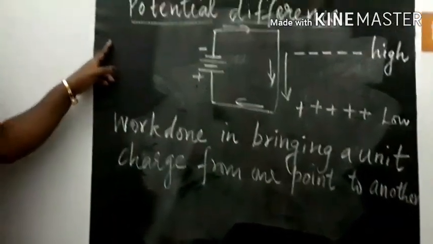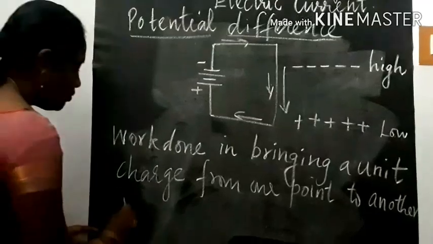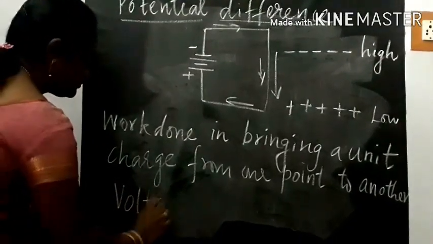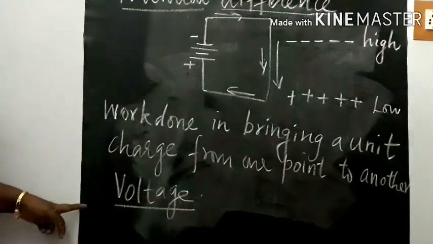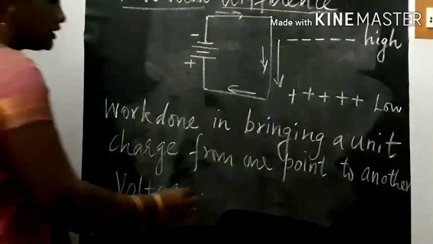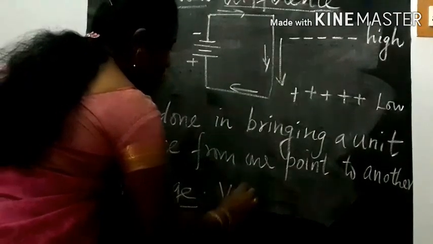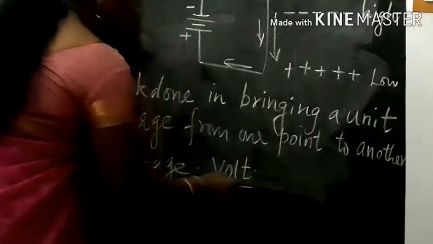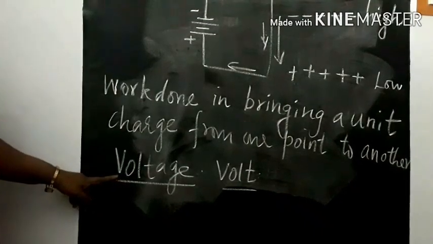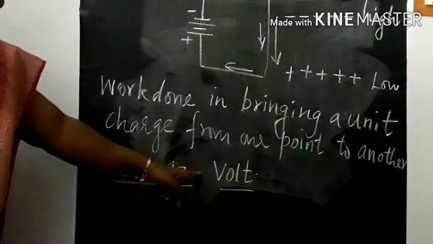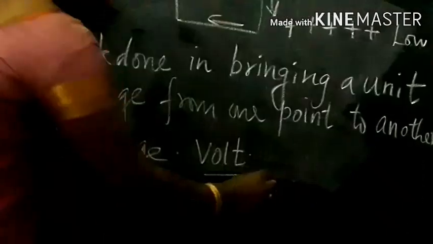This potential difference is also called voltage, and the unit of potential difference is volt. So potential difference is also called the voltage, and its unit is volt.